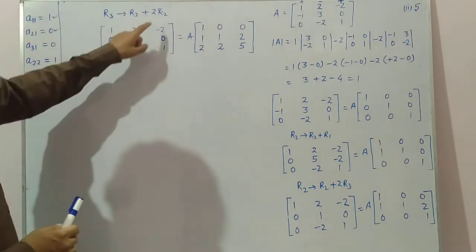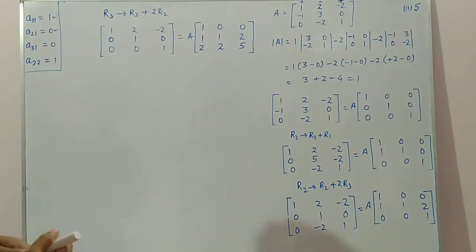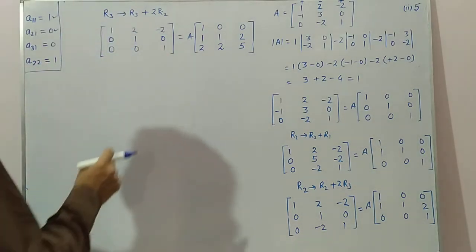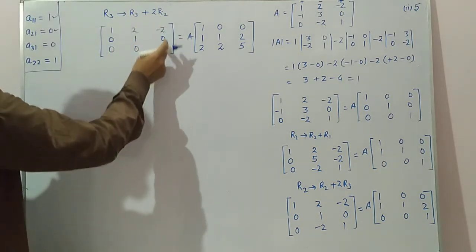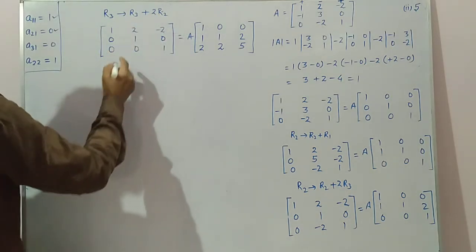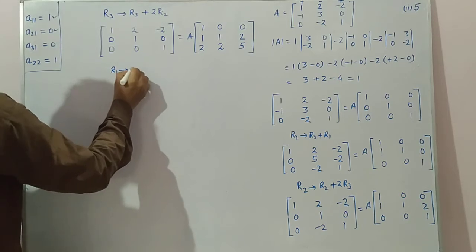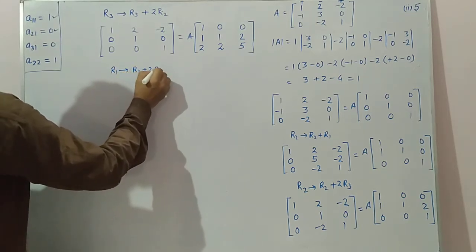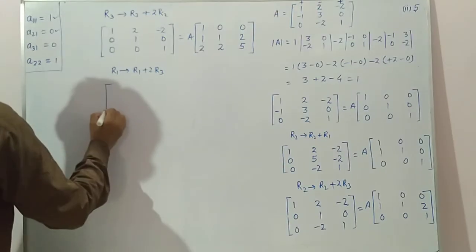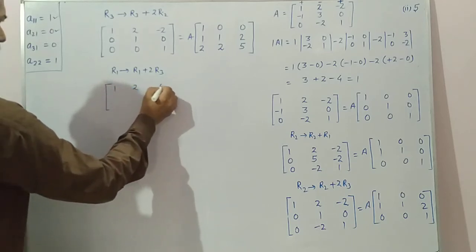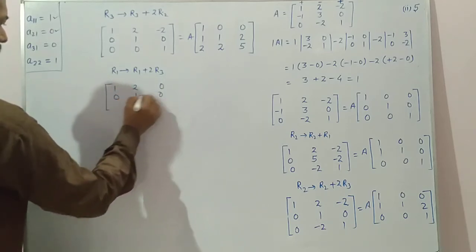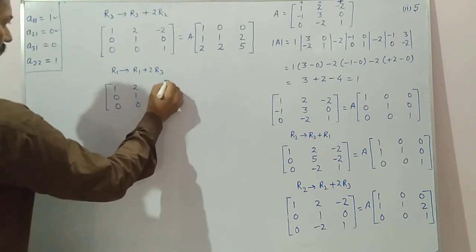Now we have to make this one 0. This is minus 2, so multiply the 1 by 2 and add it here. R1 changes to R1 plus 2 R3. 1 plus 2 into 2 is 5... this will be 1 2 0, 0 1 0, 0 0 1.